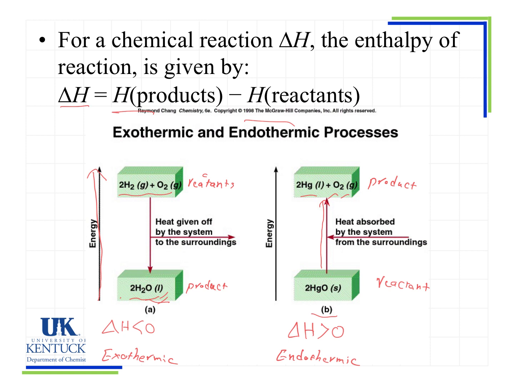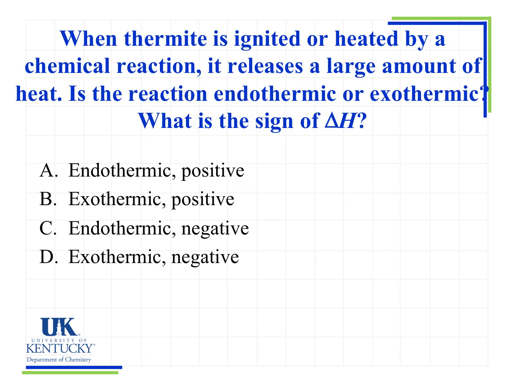For endothermic reactions, the reactions that require heat for the reaction to occur, we have delta H as a positive number. Okay, so now that we know what exothermic and endothermic reactions are, and we know when the enthalpy is positive and when it's negative.